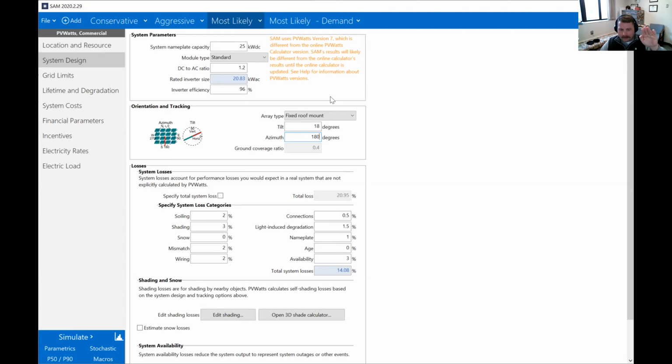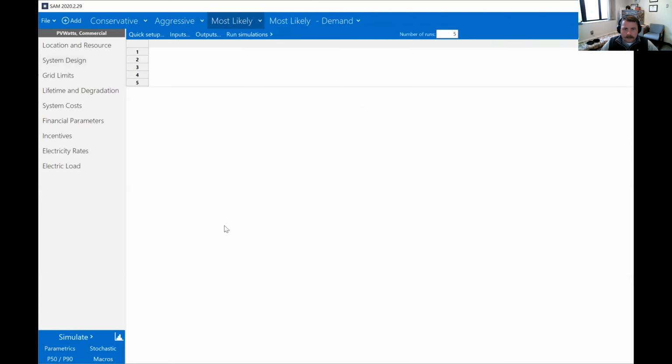So I'm going to try to decide if a ground mount is going to be a better deal, and what is the optimum tilt angle for that ground mount. So we're going to try to optimize for that. I changed to 180 because I want that to be my azimuth for my ground mount. Facing due south is usually the best.